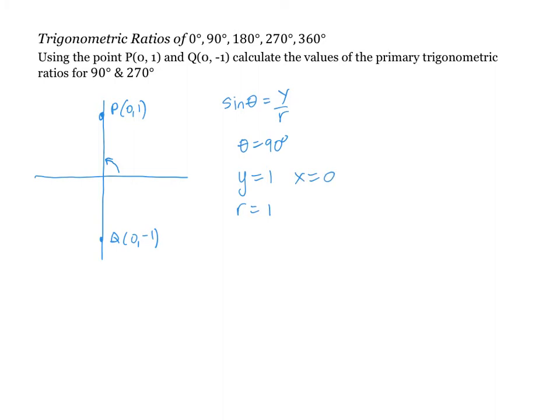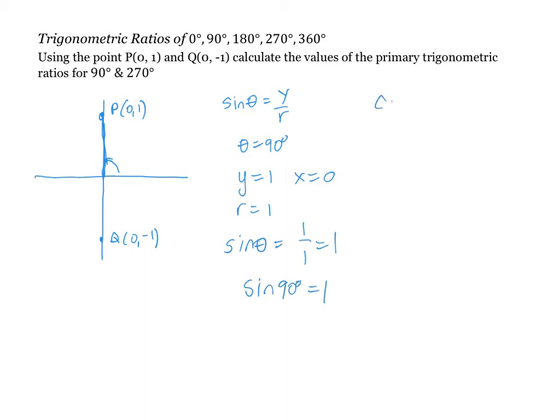If we were to draw some sort of triangle here, it would be really skinny, and we know that x squared plus y squared equals r squared. So if y is 1 and x equals 0, r has to be 1. So at 90 degrees, sine theta equals y over r, which is 1 over 1, which equals 1. So sine of 90 degrees equals 1.